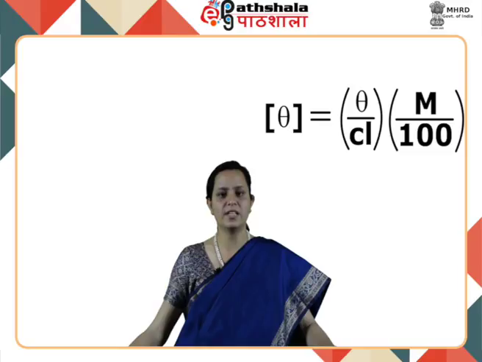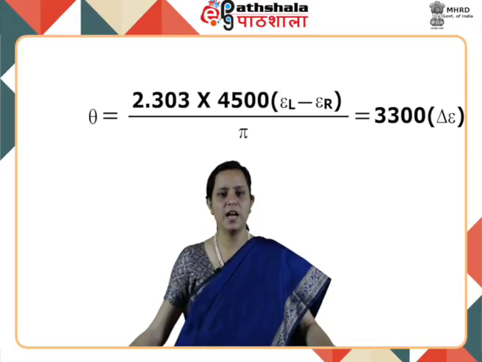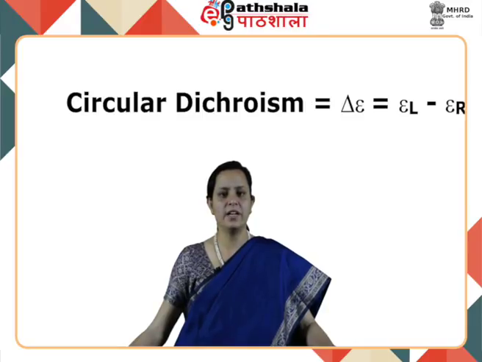In terms of extinction coefficient, K is equal to 2.303 epsilon times C. The equation can now be rewritten as theta is equal to 2.303 times 4500 times epsilon L minus epsilon R divided by pi, which is equal to 3300 delta epsilon. So, circular dichroism is equal to delta epsilon, which is equal to epsilon L minus epsilon R.